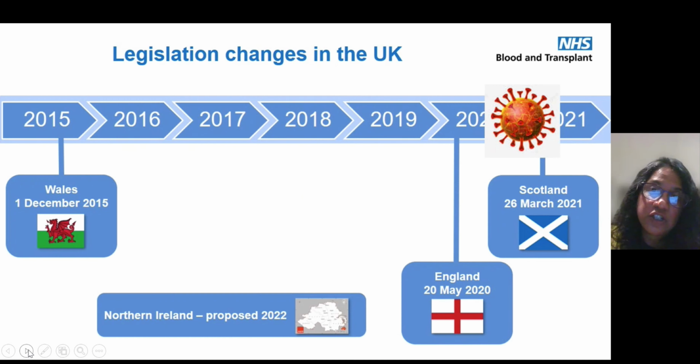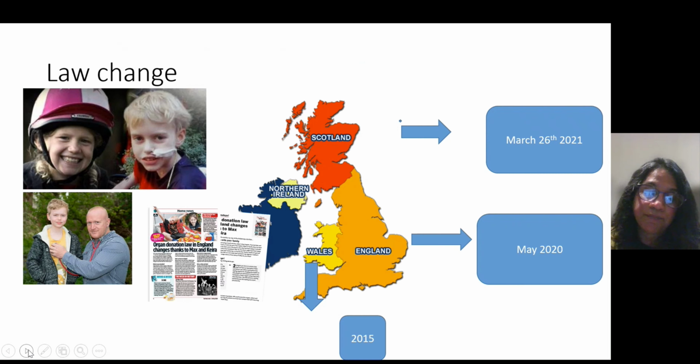The legislation changed in Wales in 2015, and this resulted in a family consent rate rising from 47% to over 70%. It changed in England in 2020 and in Scotland last year in 2021. The law in England is called Max and Kira's law. Max Johnson had chronic heart failure.